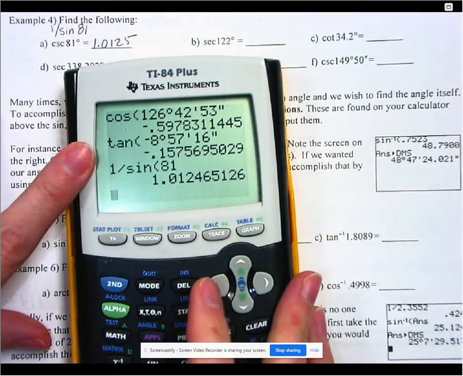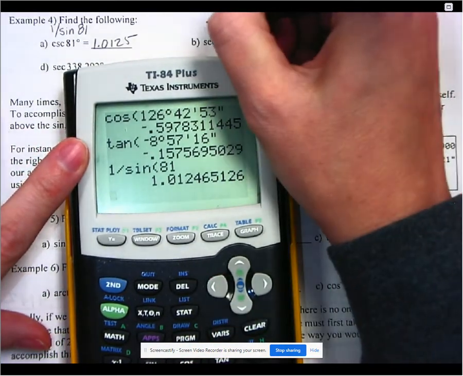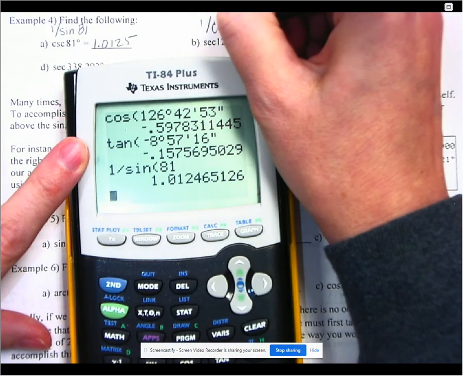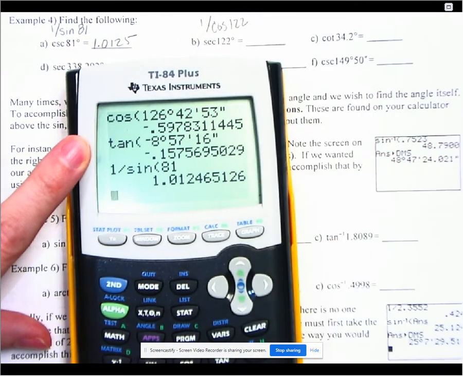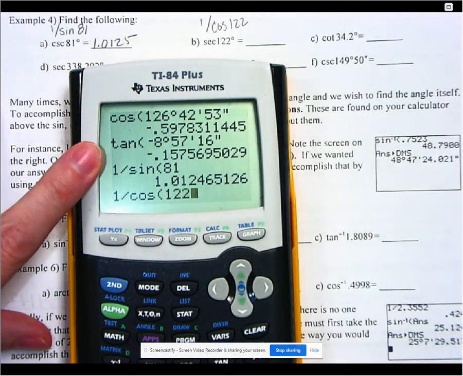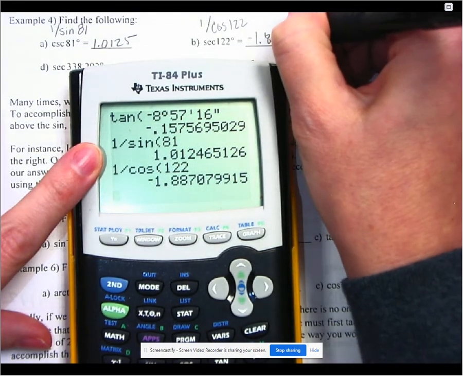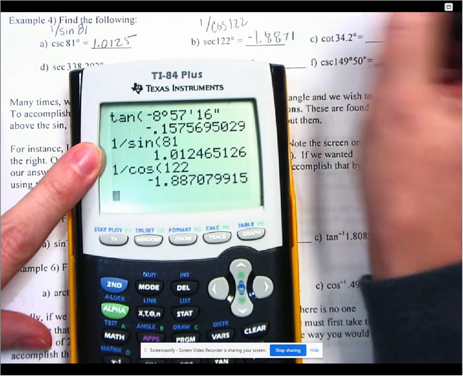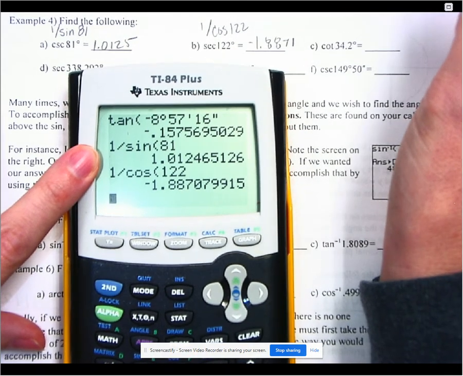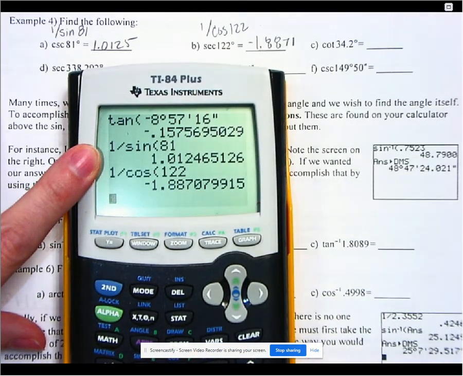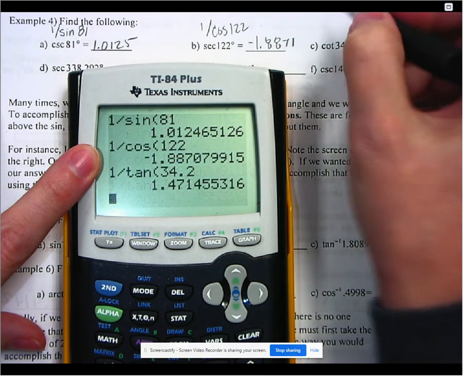All right, for secant, we're going to do 1 divided by cosine of 122. And cotangent, 1 divided by tangent.